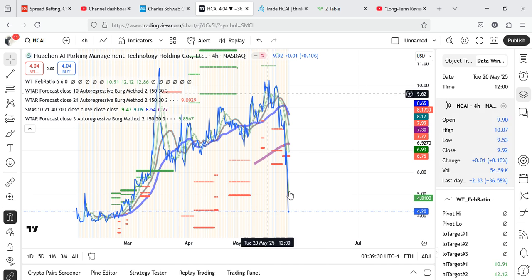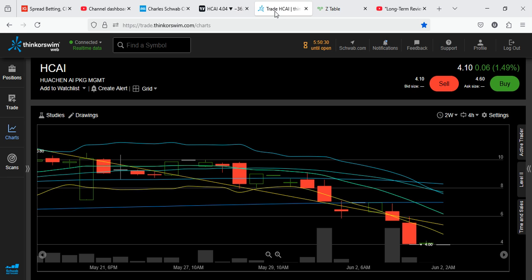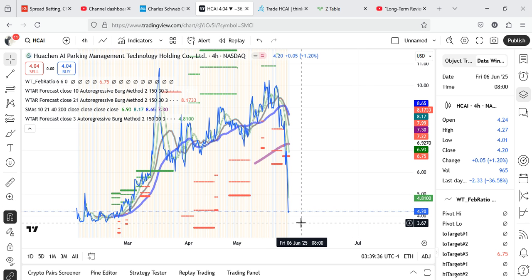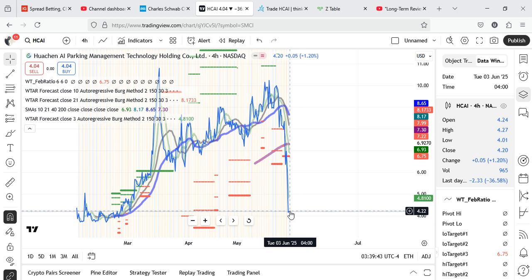This is the 4-hour chart, the same as here on the Think and Swing. Since the stock got listed, the underlying trend has been a bullish one based on this 4-hour chart, even though it's declined somewhat. I think all the moving averages are now sloping bearishly lower.